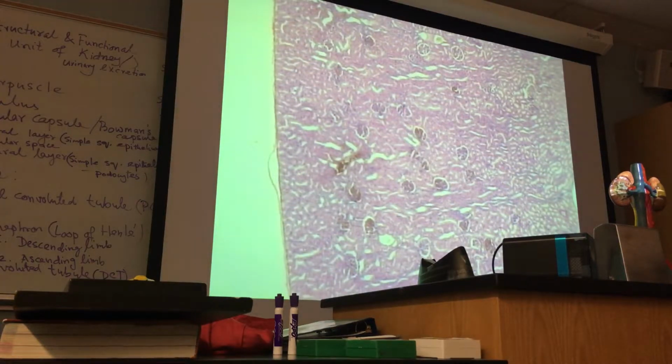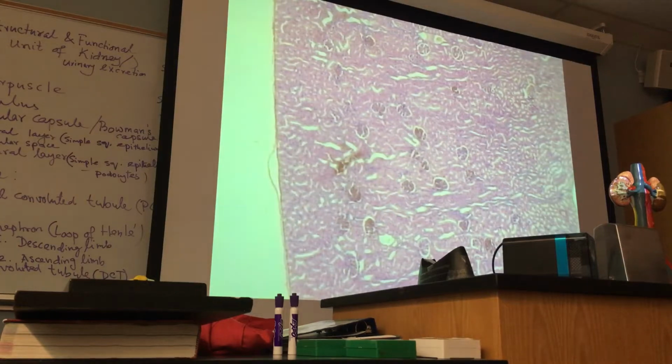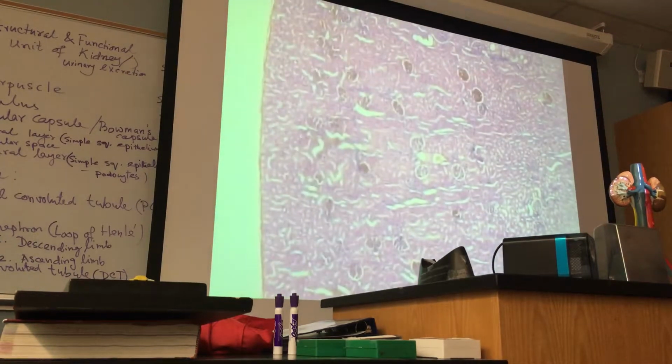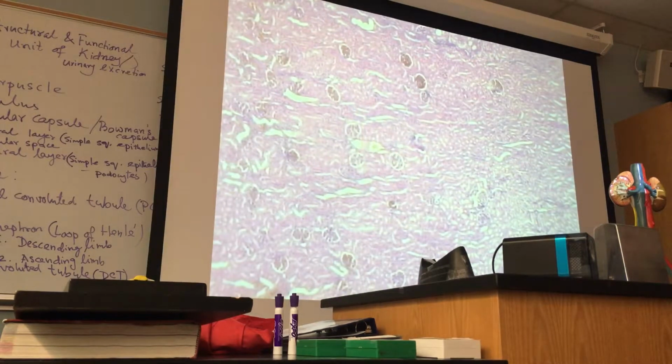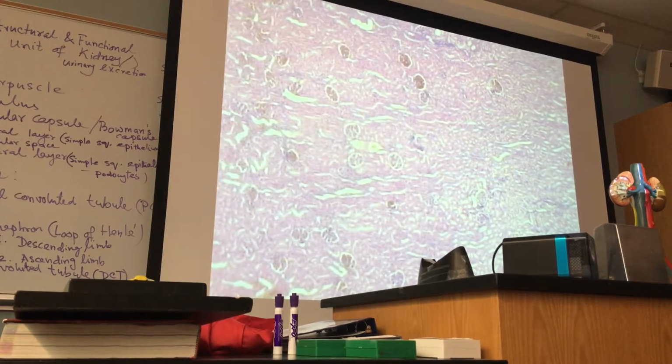And you can see the filtration unit. These are the glomeruli. These are the signature features of the kidney. Do you get that? Look. These are glomeruli. The glomeruli are located only in the renal cortex.